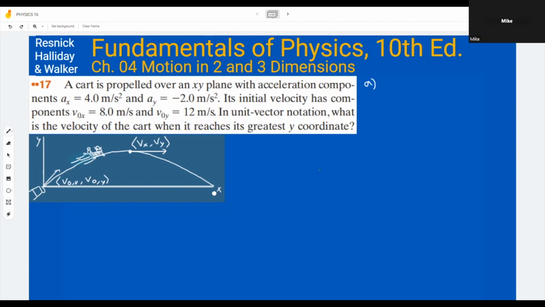Tapos isulat mo yung x of t and y of t. So use yun eh. The position of the particle as a function of time is given by, and then maximum y coordinate occurs when.